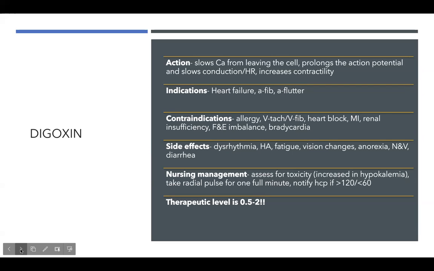Before giving digoxin, you want to make sure you count a radial pulse for a full minute, because you need to let the healthcare provider know if it is greater than 120 or less than 60. And then that therapeutic level is going to be 0.5 to 2. And when it comes to digoxin toxicity and vision changes, green halos is one of the biggest signs of those vision changes.